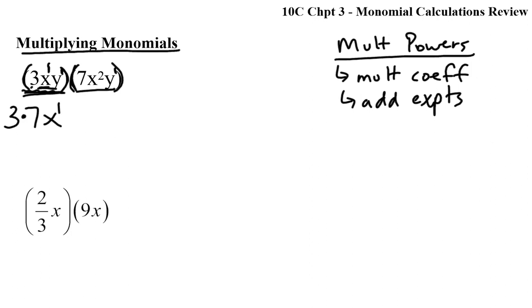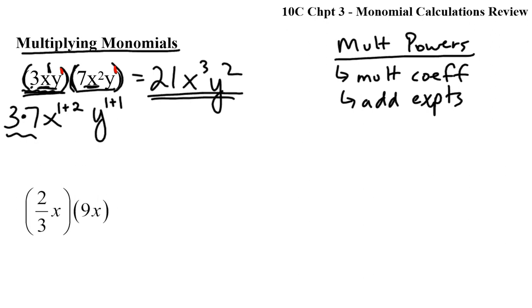We have an x to the 1 and an x squared, so we would add those exponents. We then have a y to the 1 times another y to the 1, so we would just go y and add exponents. And that's all done, we would have 21x cubed y squared. Monomial times a monomial, multiply coefficients, add exponents.